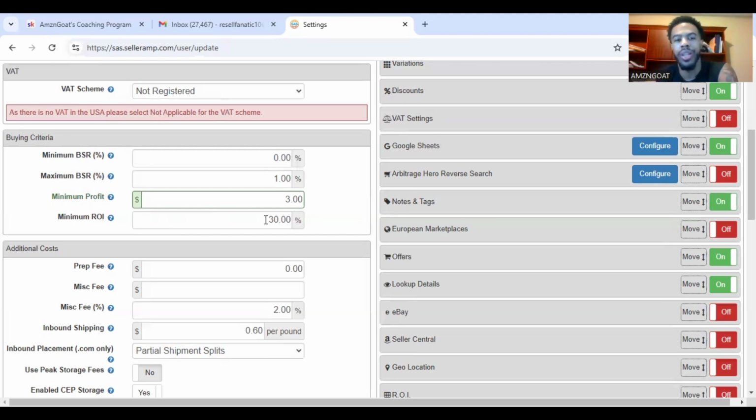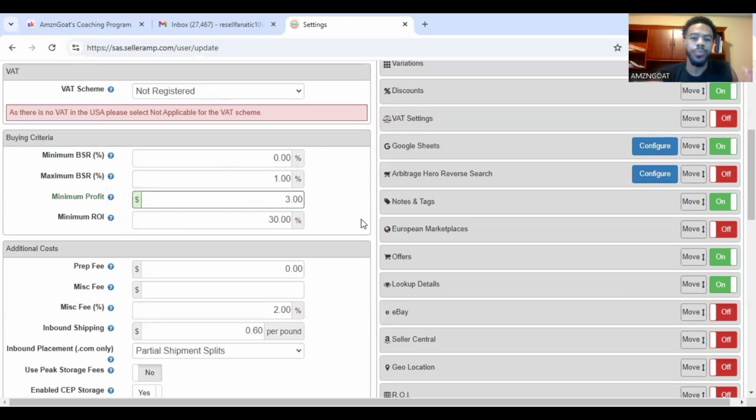Every product that you sell doesn't have to have a minimum ROI of 30%. There might be a grocery product that isn't going to get returned. It's going to be refunded at a very low rate, so you might be willing to take less of an ROI, and still resell it and still make really good money off of that product. So don't take this section too literally, but I do have a maximum BSR percentage of 1%, minimum profit of $3 per unit, and a minimum ROI at 30%.